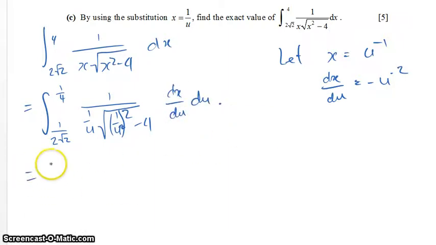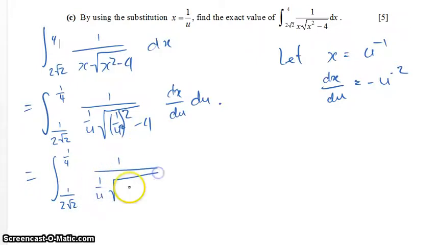And we've already worked out what dx by du is. That's going to be minus u to the minus 2. So this is from 1 over 4 to 1 over 2 root 2 of 1 over u squared times the square root of 1 over u squared minus 4, times minus 1 over u squared du.